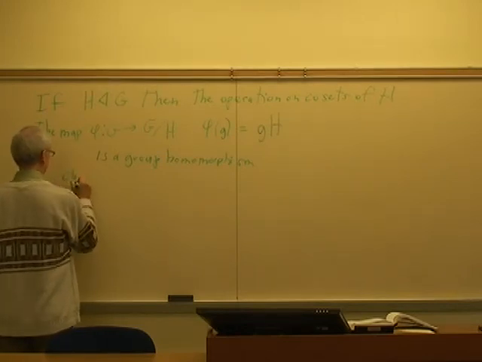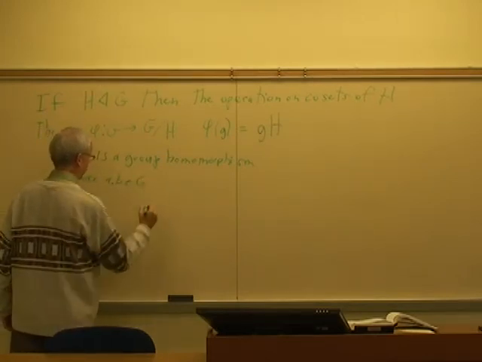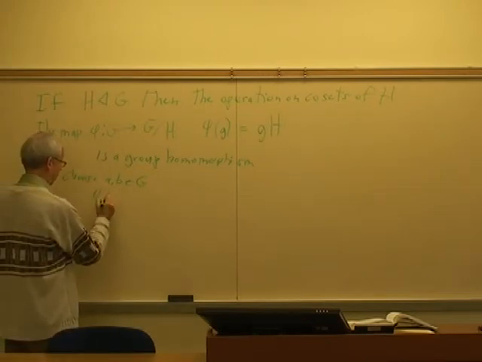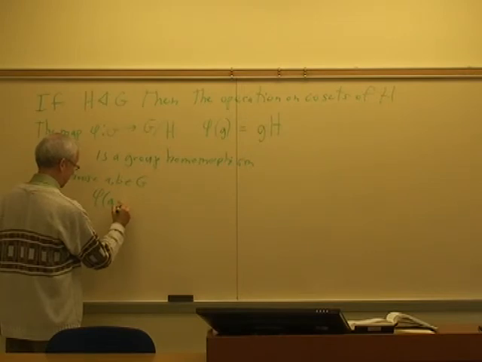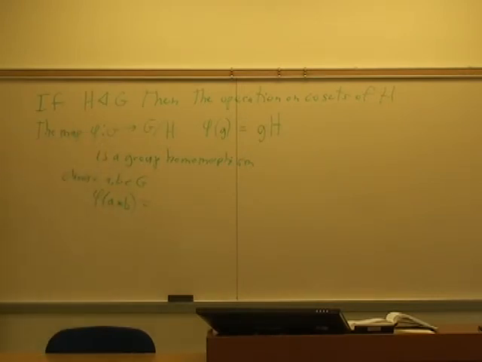So choose a, b in G. Then I need to show that phi of a star b is equal to what, if it's a homomorphism? Phi of a star phi of b. But what is this equal to by definition?